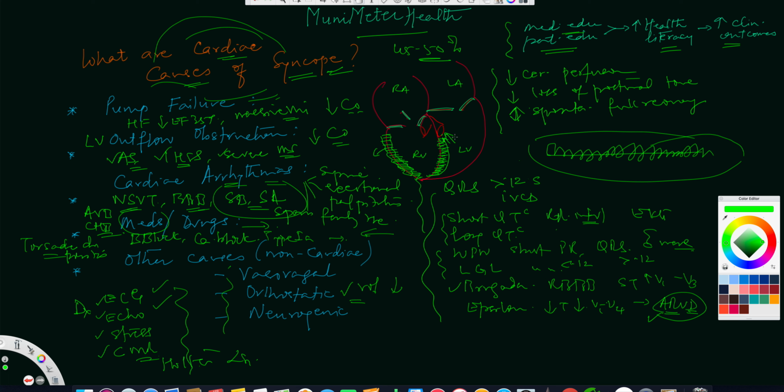As a result, the blood flow going through the aorta is lessened, and the cardiac output obviously is profoundly low. So one has to really ascertain these quickly by getting an EKG, an echo, a stress test if indicated, and a CMR if indicated. But between the EKG, echo, and Holter, you should be able to identify most of these conditions as I've enumerated as cardiac causes of syncope.